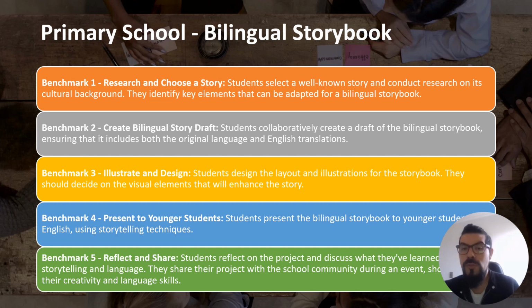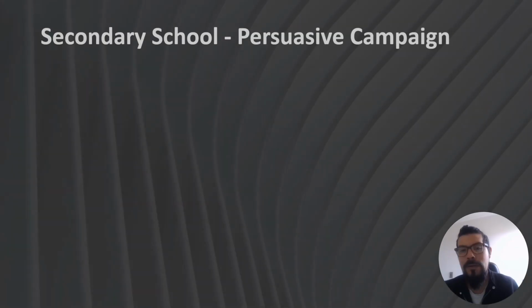Students reflect on what they've done, and they can share the project with the school community, probably during an event like an English fair, for example. Now let me show you some benchmarks for a project in secondary school.